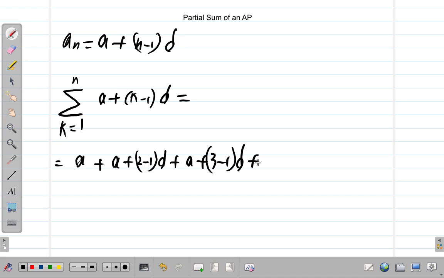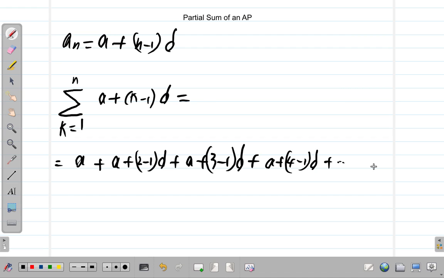So remember, this is the first term, right? Second, third, and going on and on. Plus, then a plus 4 minus 1d plus, and we go on like that.